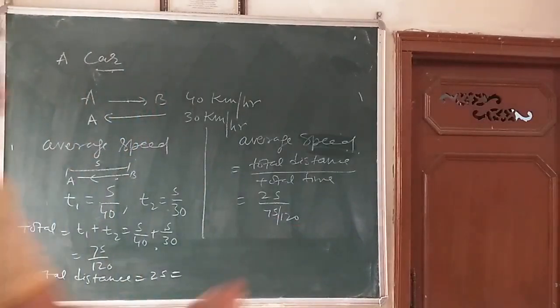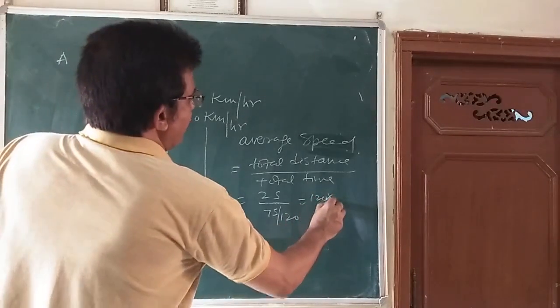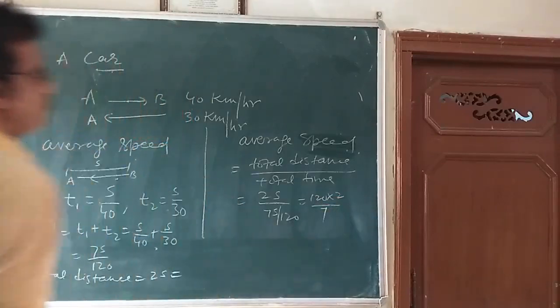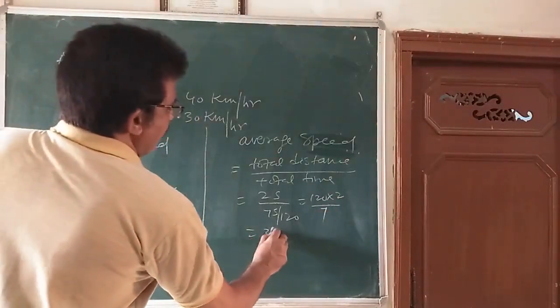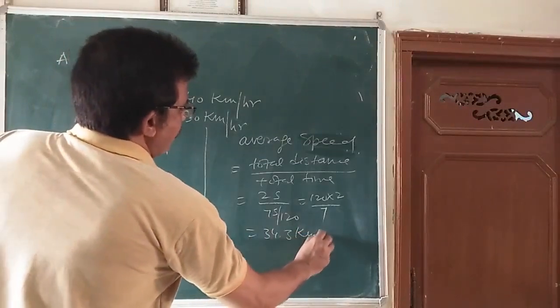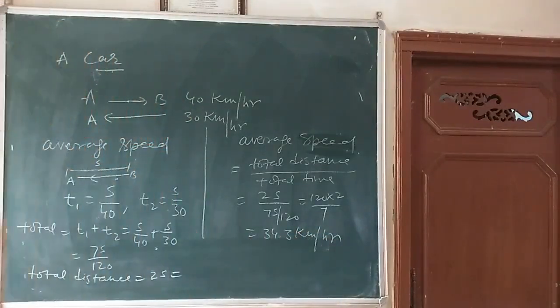Solve this: 120 into 2 divided by 7. You will get around 34.3 kilometer per hour. This is the average speed.